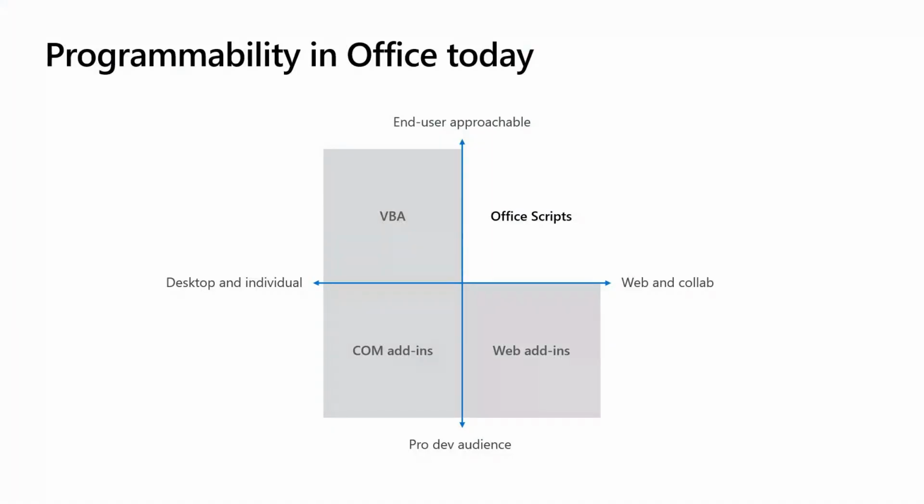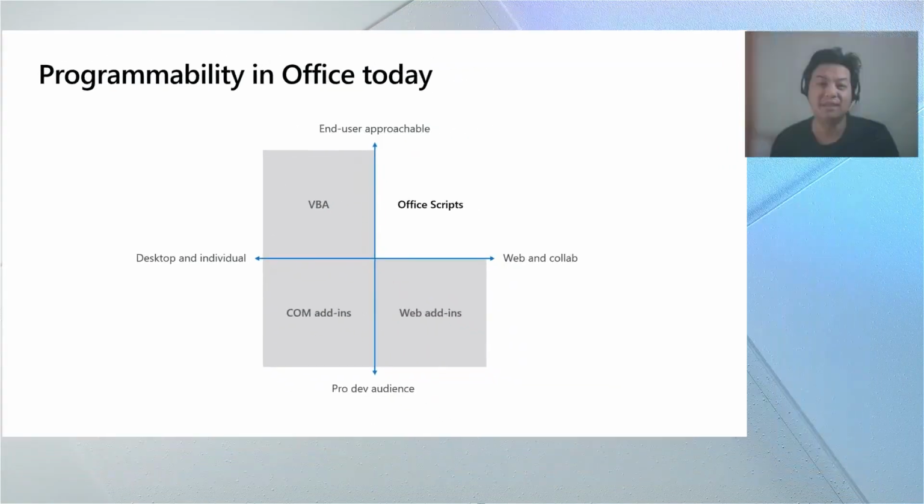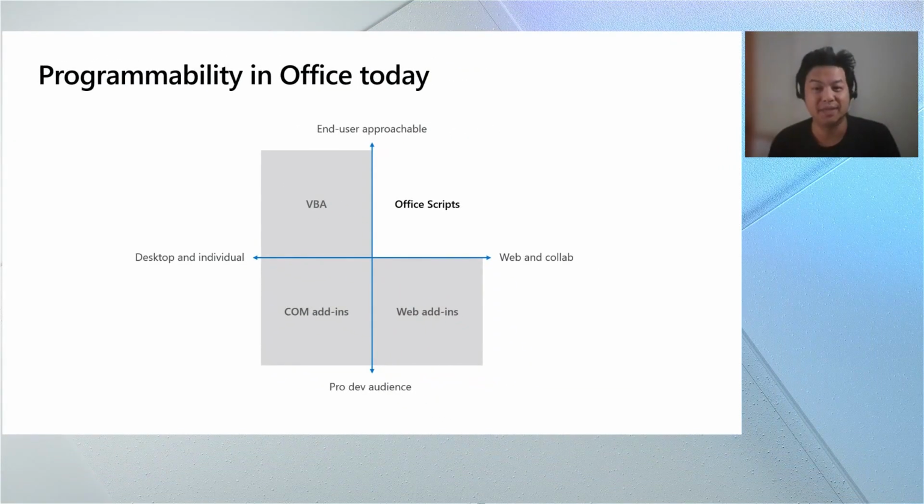A core element of this story is to use programmability and scripting in Office to help automate a lot of this work. If you look at the landscape of programmability in Office today, it's easy to think about it along two axes. One is around the complexity of the technology or of the tool. So is it targeting something more for a pro dev, or is it something that an end user could find approachable?